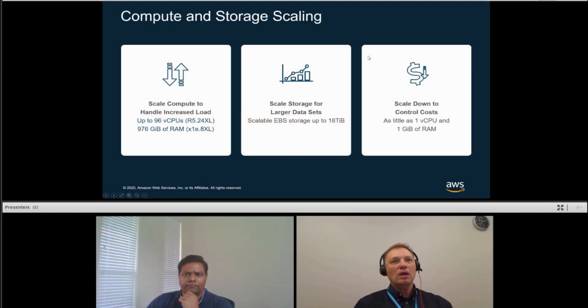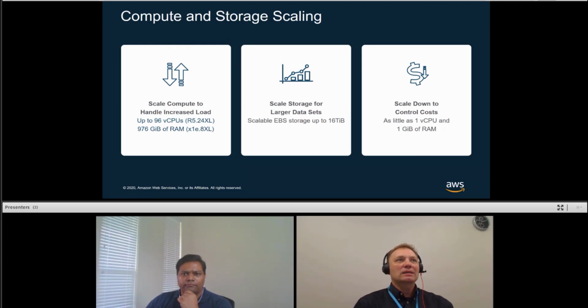All right, let's go to the next slide. Another very important aspect of RDS and the promise of the managed platform is the fact that you can very easily scale up, scale down your instance types, as well as change your storage subsystem.